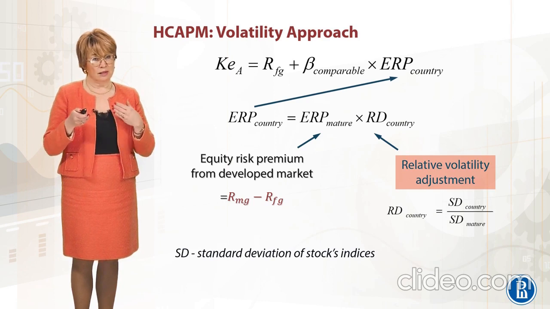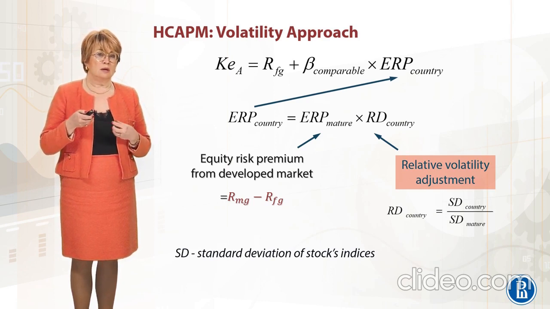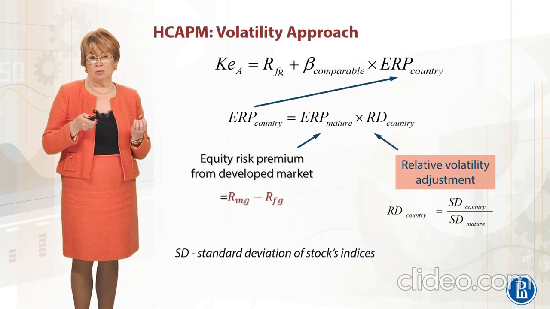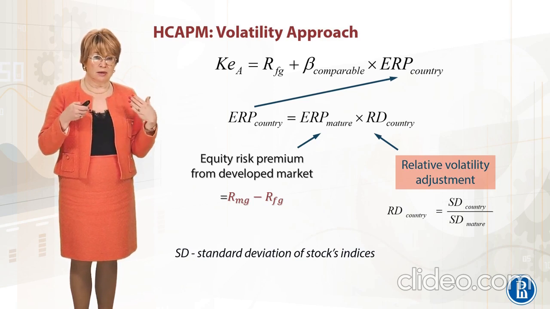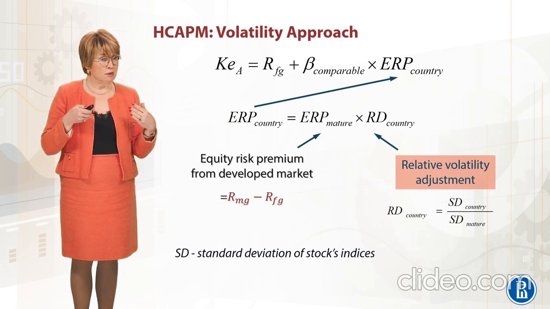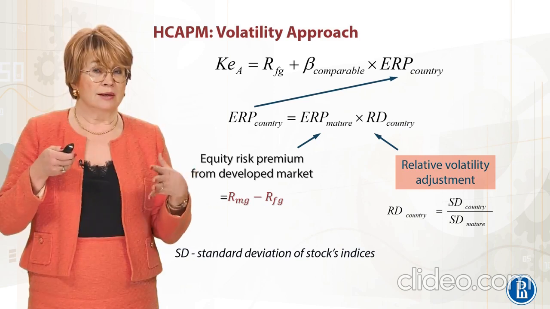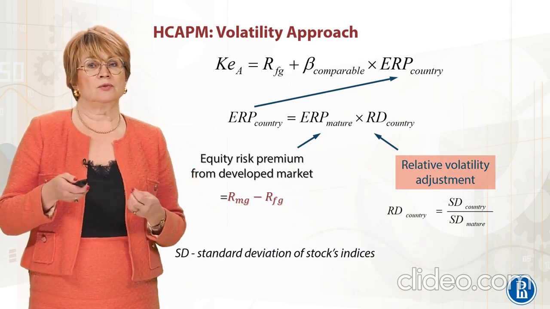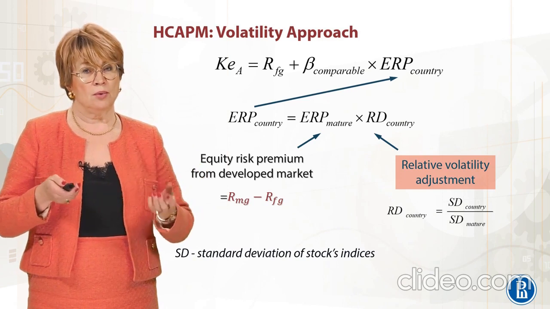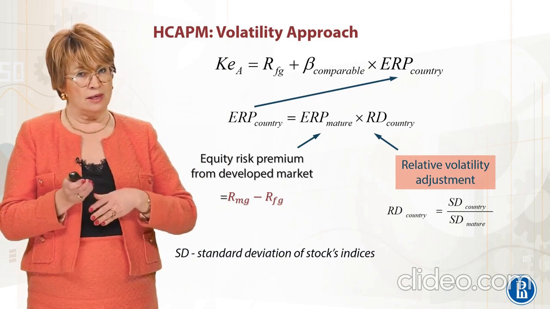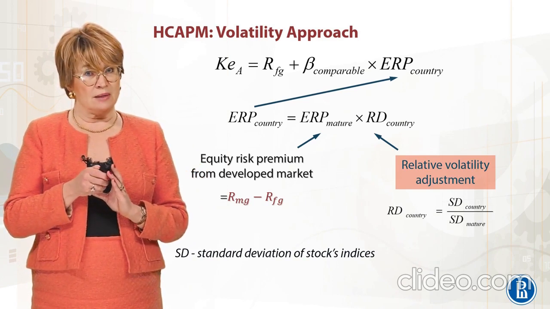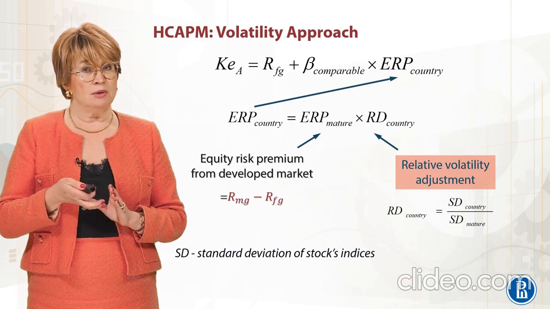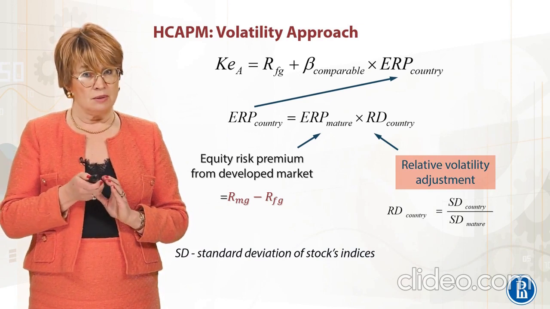When adjusting the market equity risk premium by multiplying it, as shown here, by that adjustment coefficient, which is above 1, we are increasing the influence of the market risk component in that formula and its impact on the expected cost of capital of the target company A, which operates in the emerging capital market.